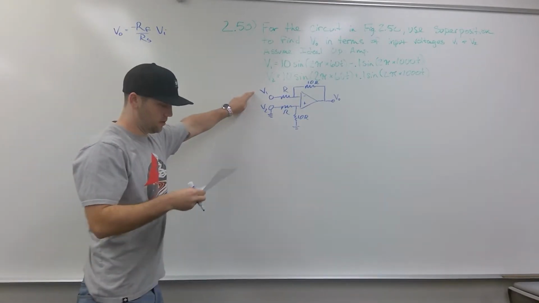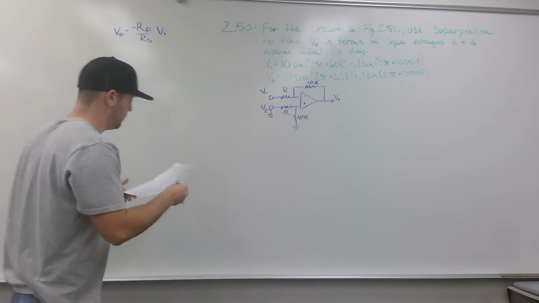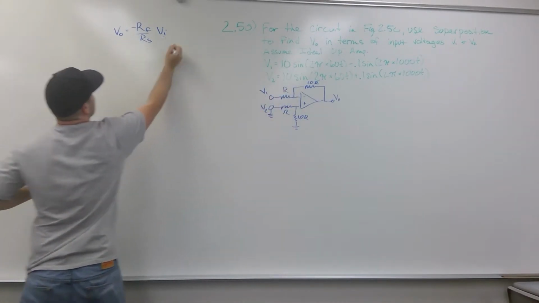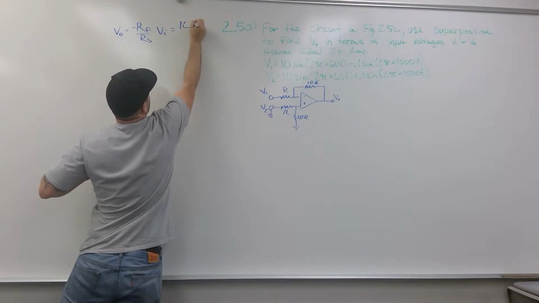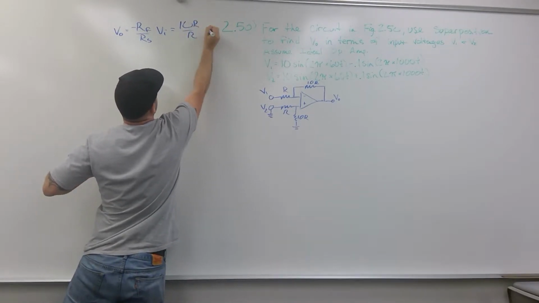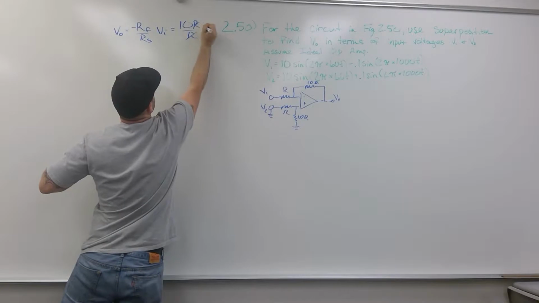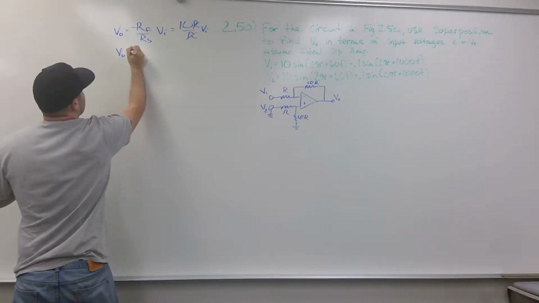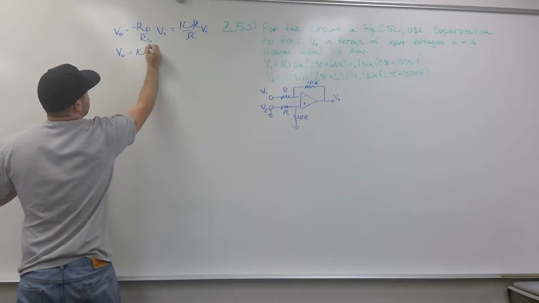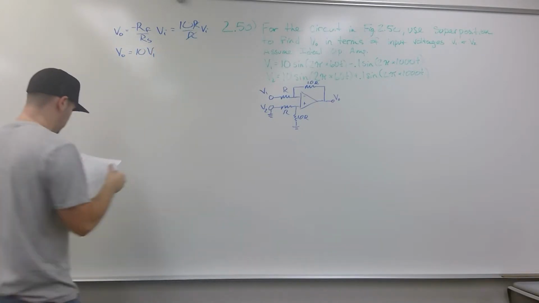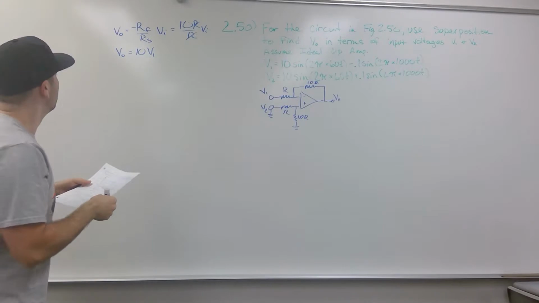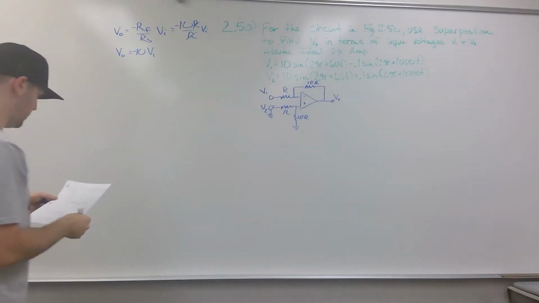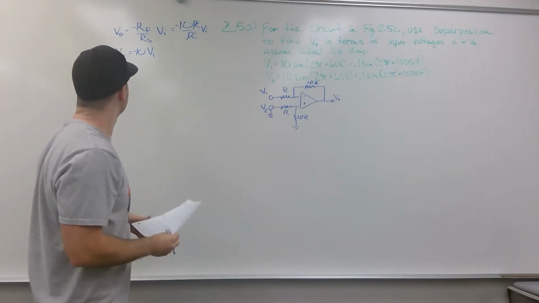So we could put in the feedback and the source resistors. Cancels out. So V out is going to equal 10 V1. Or I'm sorry, negative 10 V1 because it's an inverting op amp.